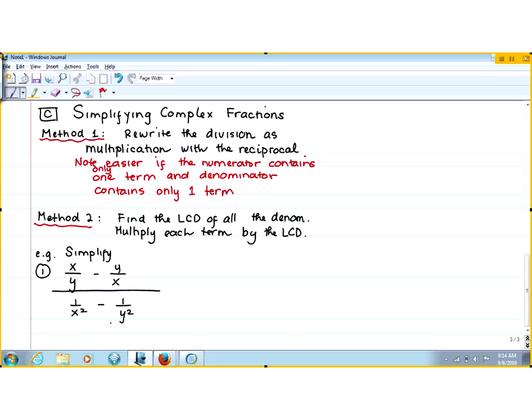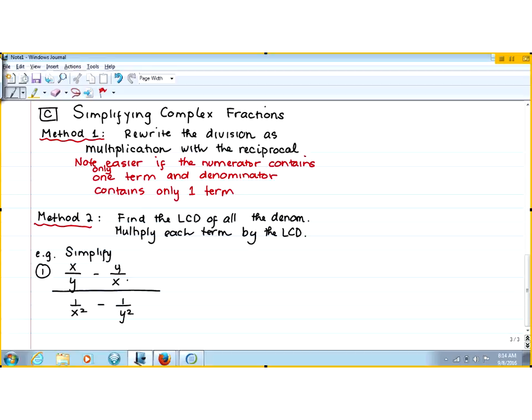Otherwise you have to combine these into one term, and then rewrite it as multiplication. Look at these, these are 2 terms. So if you use method 1, you will do more work.